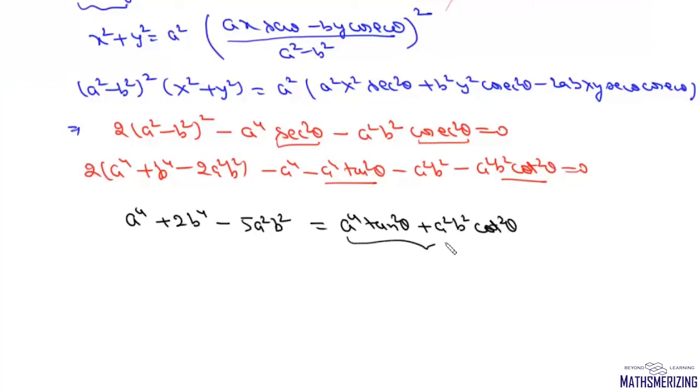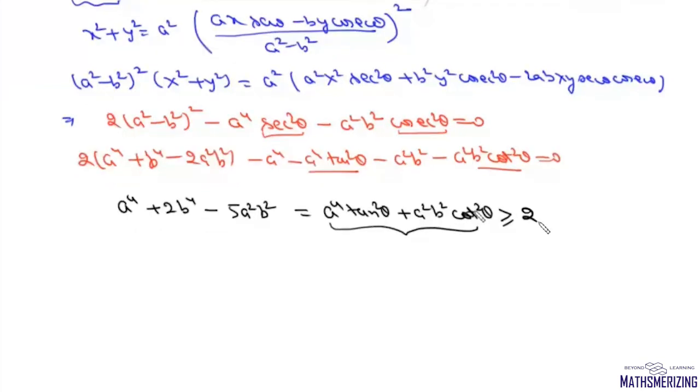Now for this expression we'll use AM and GM. We know that the arithmetic mean is always greater than or equal to its geometric mean. So this expression will always be greater than or equal to 2 times its geometric mean, which is the square root of a to the power 4 tan square theta into a square b square cot square theta. Now tan theta into cot theta will be 1.